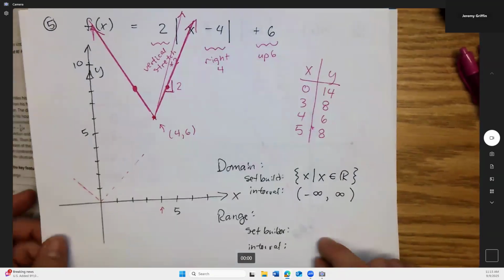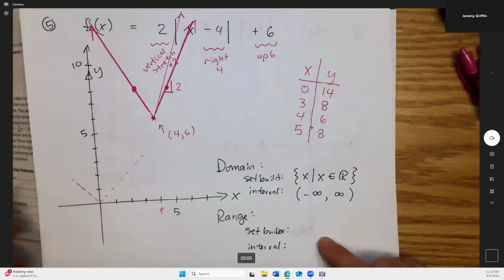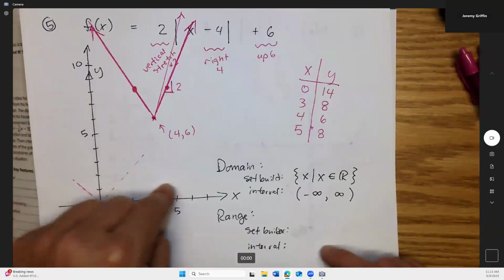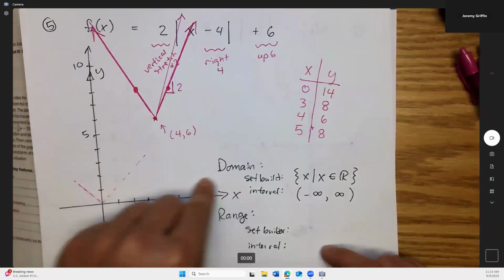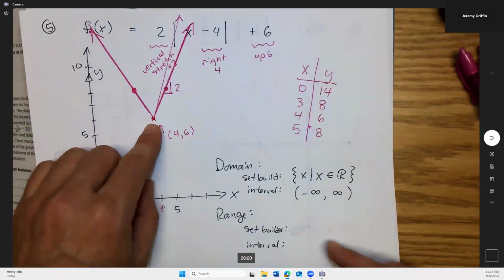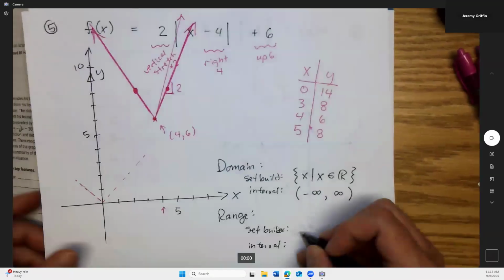Now the range, not so much. The range is limited. Could y equal 1? Nope. There's nothing down here. Y only starts at what? 6. Yeah, 6 and up. So let's do set builder notation.